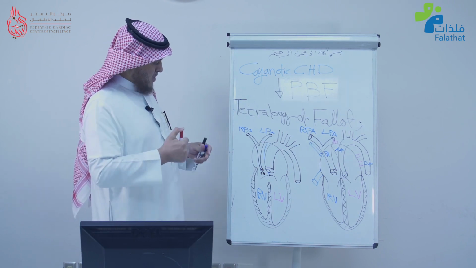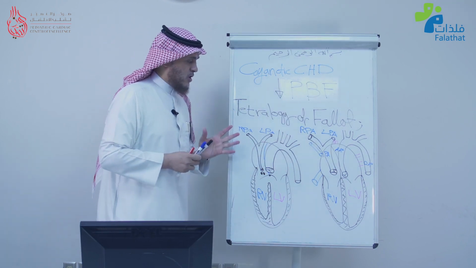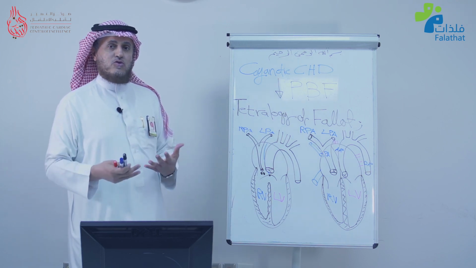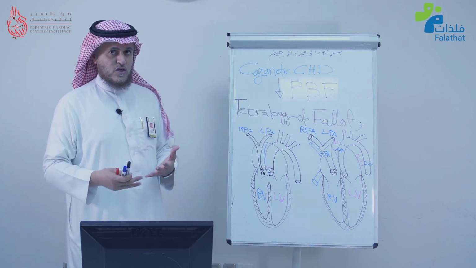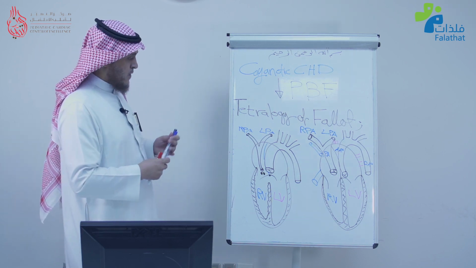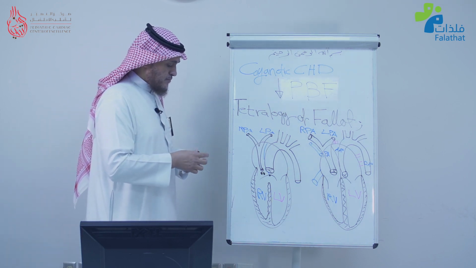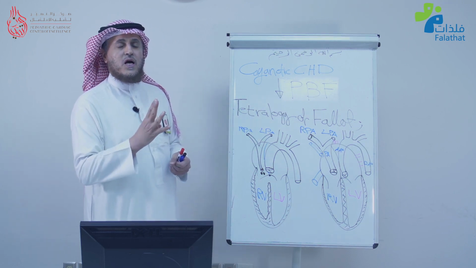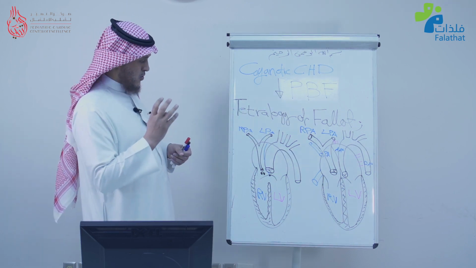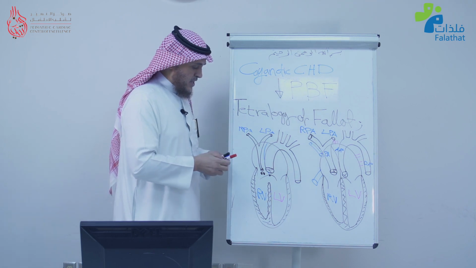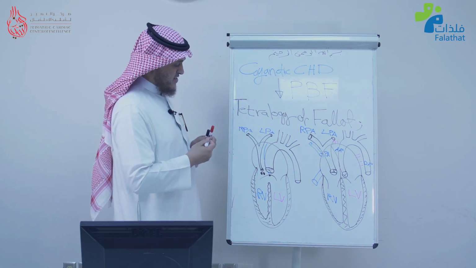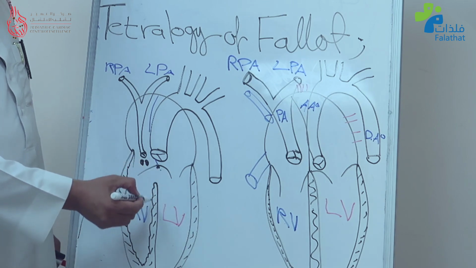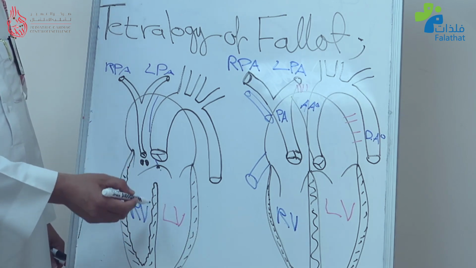So let's go through this anatomy of Tetralogy of Fallot and then go about the pathophysiology that we expect from such flow and such anatomy. So we all know that Tetralogy of Fallot is comprised of 4 cardinal lesions or criteria. There is a VSD, so the interventricular septum is not complete.